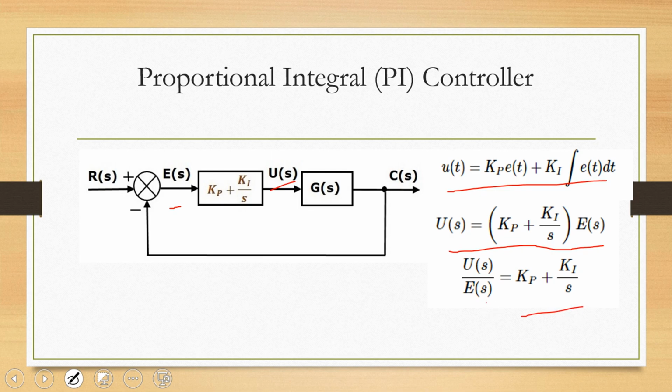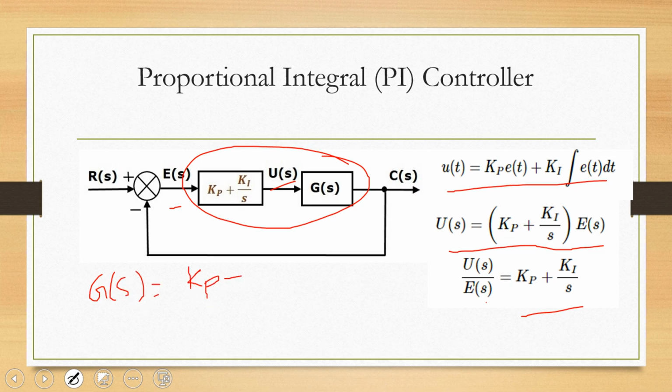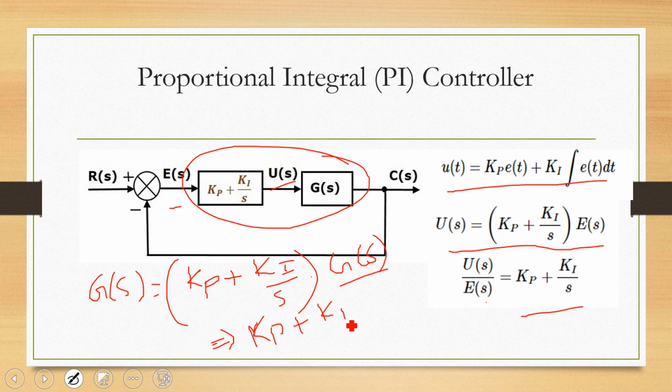So now our new forward path transfer function, new G of S, is given by Kp plus Ki by S into our old G of S. So here, if we consider G of S again as the second order function, then we have Kp plus Ki by S into omega n square divided by S square plus 2 zeta omega n into S. This is what we will have.